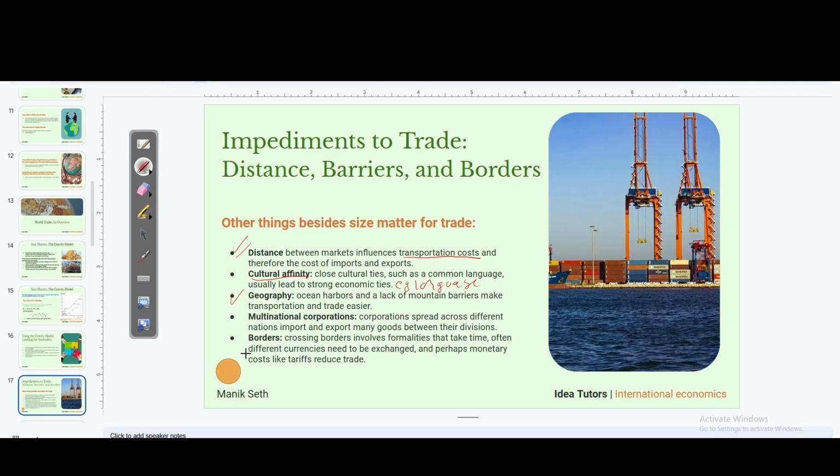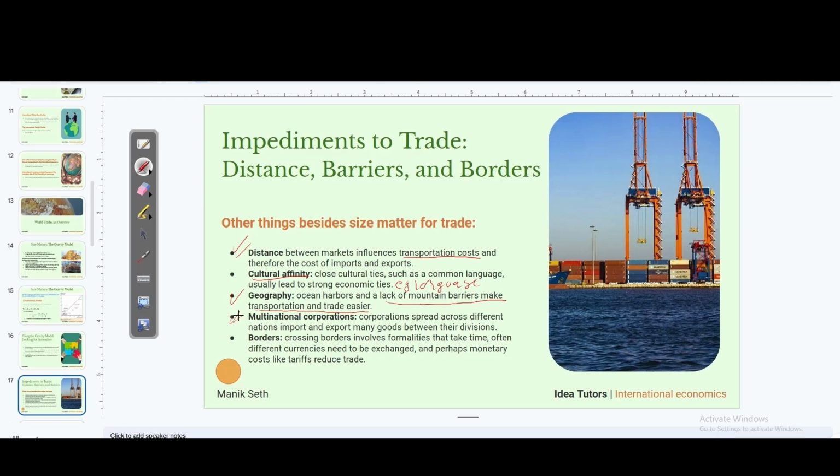For example, if there is an absence of natural barriers like mountains, which can complicate or restrict trade, then trade will flourish. So these types of factors are there when we talk about geography as a factor that impacts trade between countries.